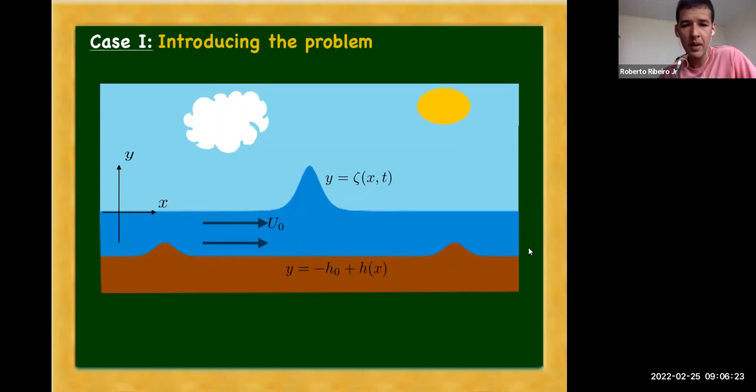We have two bumps, and we denote the profile of the topography by h(x).